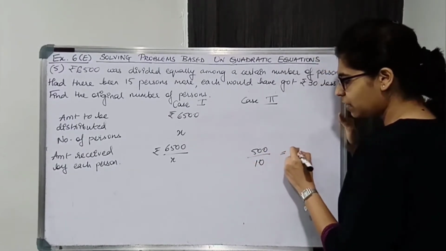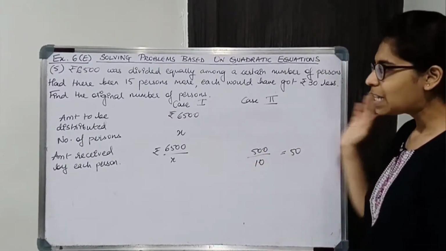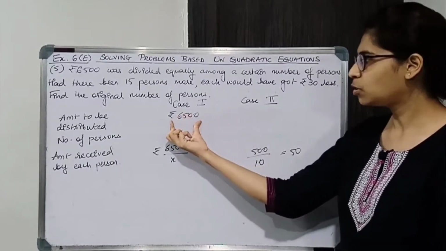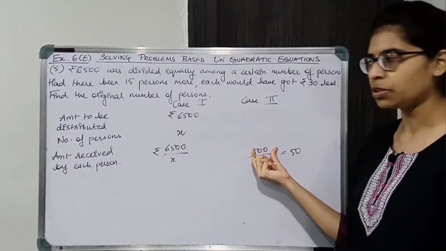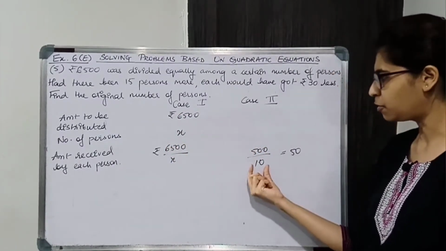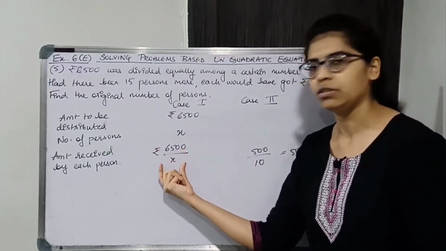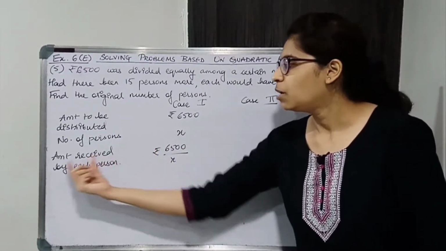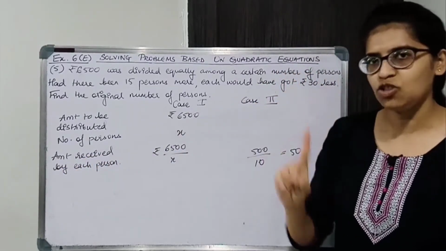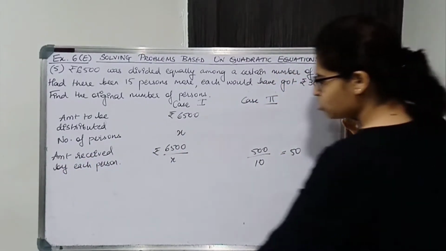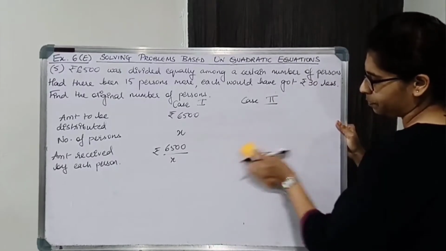So each person will get 50 rupees. Same thing over here: total amount upon number of people will be the amount received by each person. Now coming to case 2.